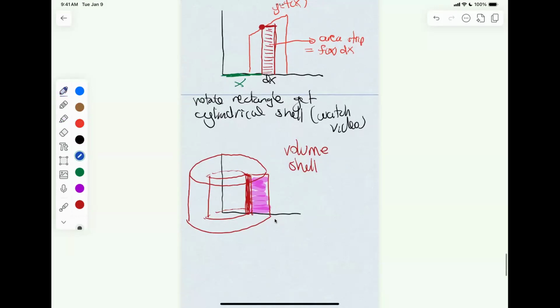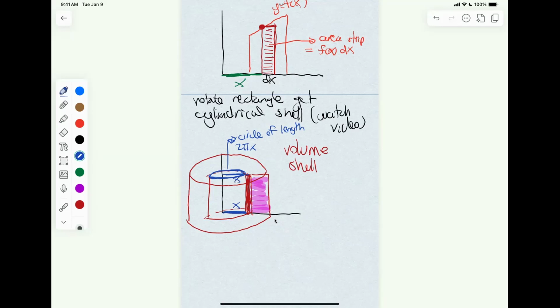This circle has a circumference of 2 pi r, but r is x because you are at a distance x from the origin.